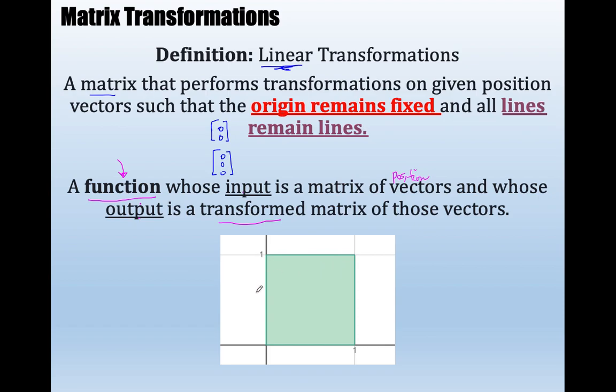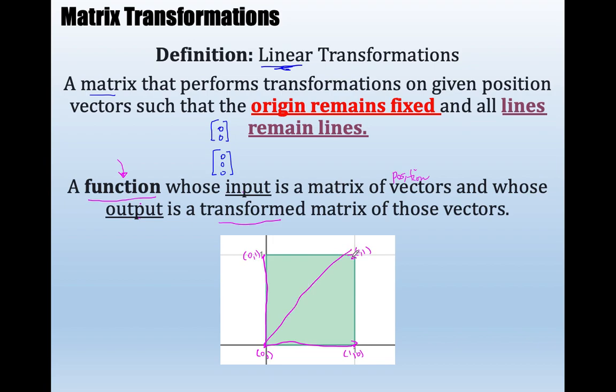So here is a picture of what we did before, before the transformation. Here is the position vector 0, 0. Here's the position vector 1, 0. Here's the position vector 0, 1, and here's the position vector 1, 1.